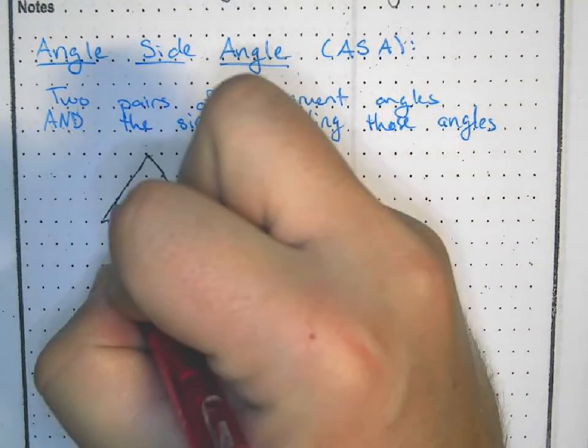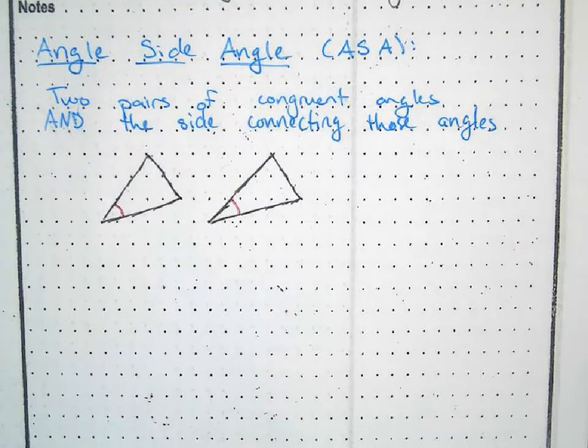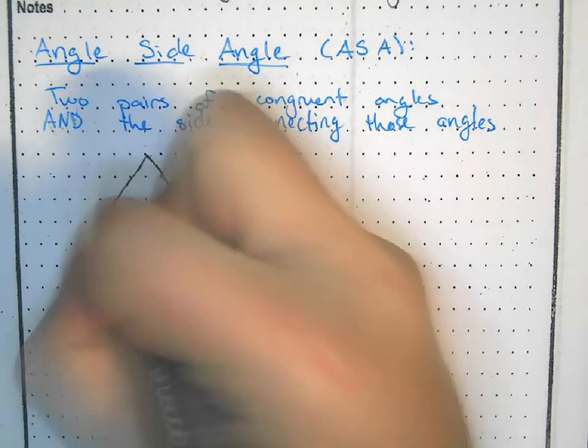So if I have this angle, it's congruent to that angle. Let me get some letters going.